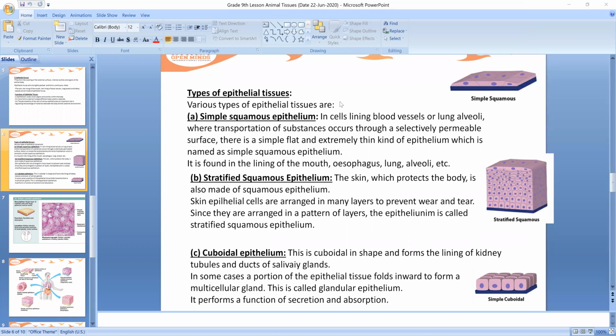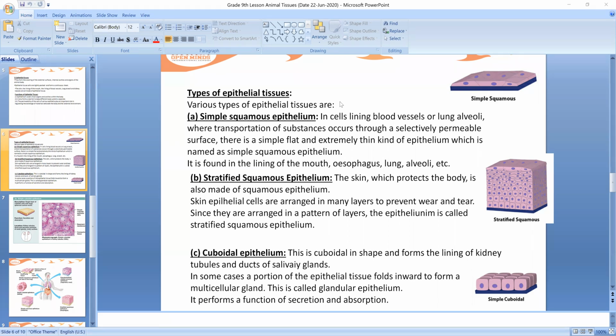Yes. So this simple squamous epithelium got its name because it is extremely thin and flat. What are its functions? It is helpful in transportation of substances through a selectively permeable membrane because of its thin nature.